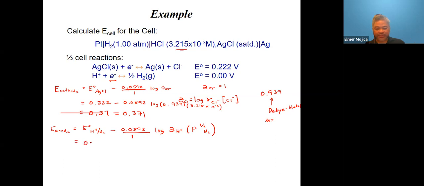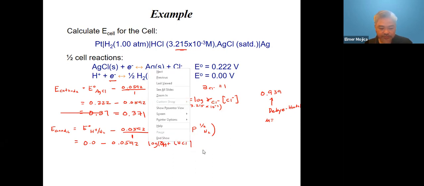So we have 0 minus 0.0592 and then log of H plus activity times the concentration of HCl, which is also given, times 1 atmosphere.